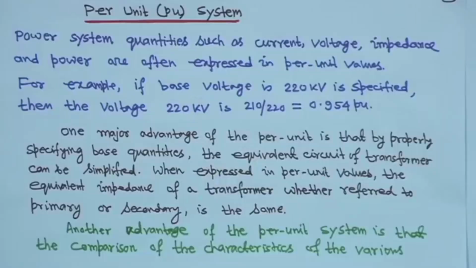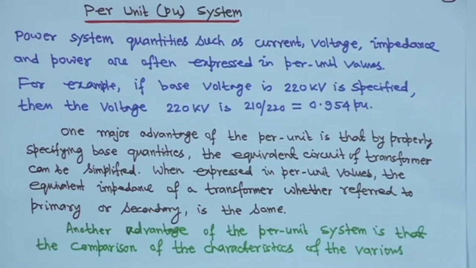So, power system quantities, because you have 4 quantities mainly, current, voltage, impedance and power, these 4 quantities are there, right. So, power system quantities such as current, voltage, impedance or power are often expressed in per unit values. For example, suppose the base voltage is 220 kV, suppose you have a 220 kV transmission line, that is the base voltage.